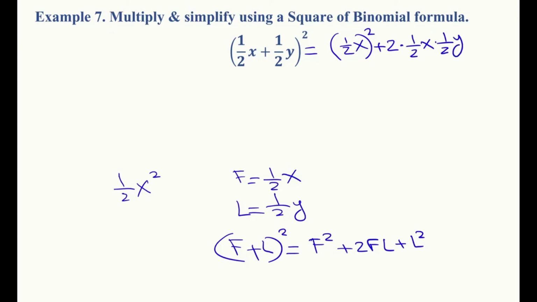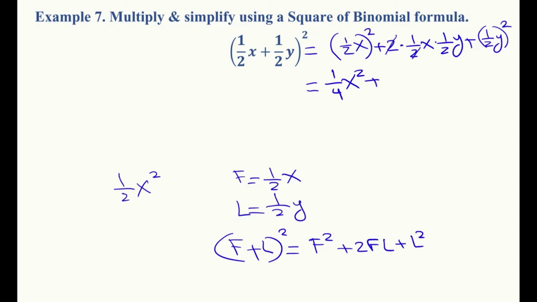That's 2fL plus L squared. L again is more complex, so we need to quantify it. So 1/2 y, quantity 1/2 y squared. So now we know that 1/2 has to get squared. So 1/2 squared is going to be 1/4 x squared plus, here we notice that this 2 will cancel that 2.